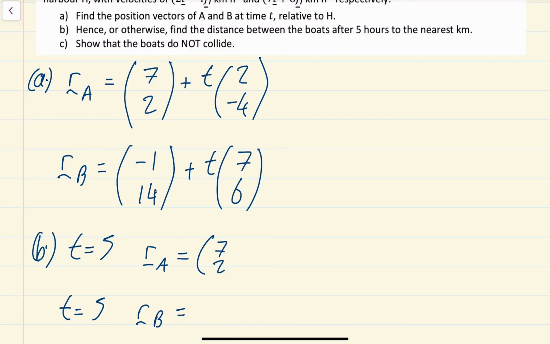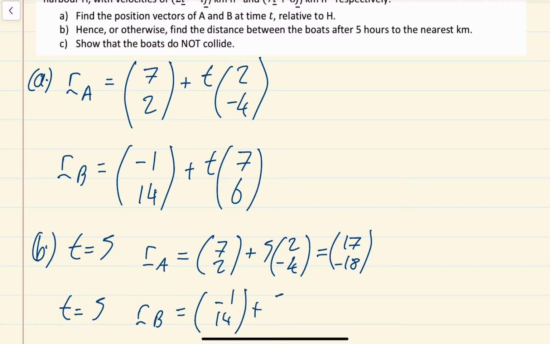So for A, it's going to be (7, 2) plus 5 times (2, -4). And if you do that on your calculator, if you need to, that's going to be (17, -18). Yep, (17, -18). And for B, it's going to be (-1, 14) plus 5 times (7, 6).